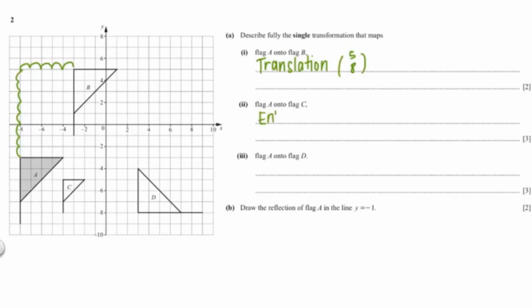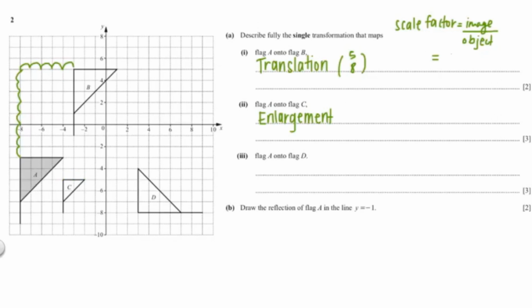The next question is A onto C. It's a 3 mark question, so you have to give 3 points. So our first point is enlargement. And our second point would be the scale factor. So our image is 2 units, 1, 2.